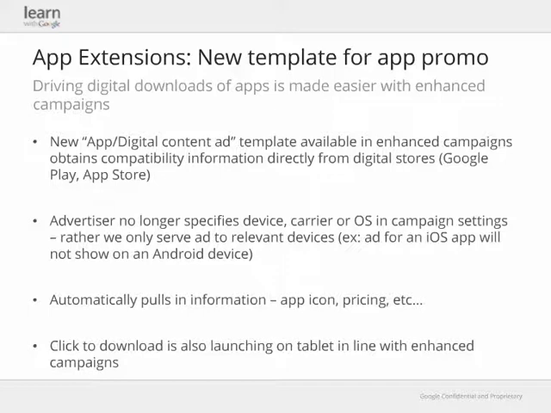So Google's Play as well as App Store. The next one is advertisers no longer need to specify device, carrier, or OS in campaign settings. Rather, we only serve ads to relevant devices. For example, an ad for an iOS app will not show on an Android device, and so on. Everything automatically pulls in information, so app and icon, pricing, etc.